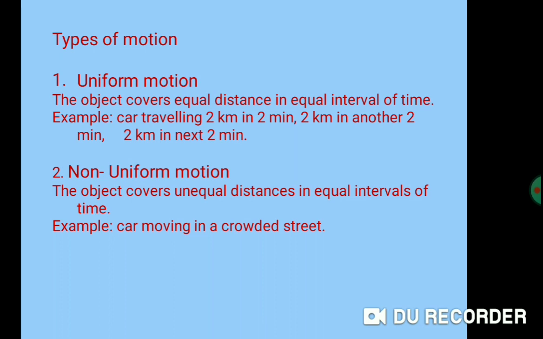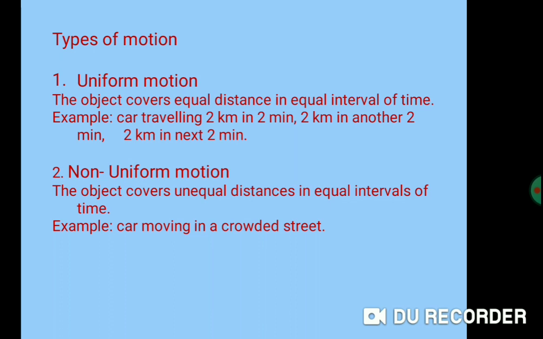For example, a car traveling 2 km in 2 minutes, the next 2 km in another 2 minutes, the next 2 km in another 2 minutes. So with the help of this example, in each 2 minutes, we are traveling 2 km distance.